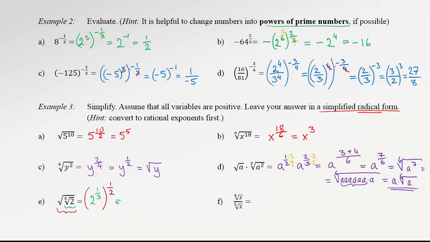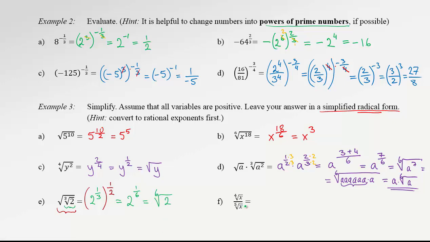Okay, so now we know what to do, don't we? Because it's a power to a power, so we multiply exponents. Therefore, the final answer in exponential form would be 2 to the 1/6. But we want to leave the answer in simplified radical form, so let's rewrite it back to the radical form. It is the 6th-degree root of 2.